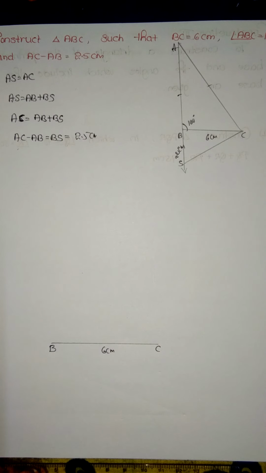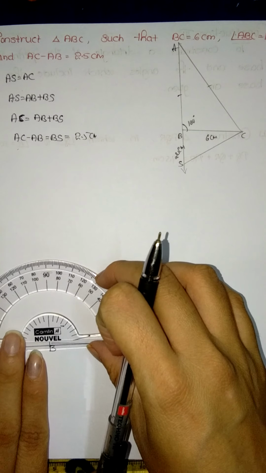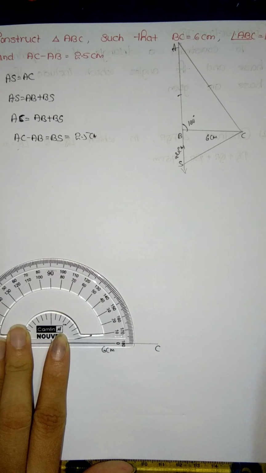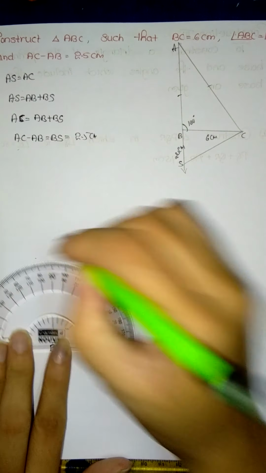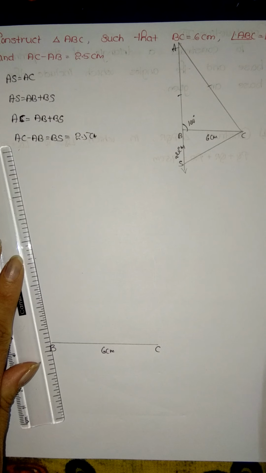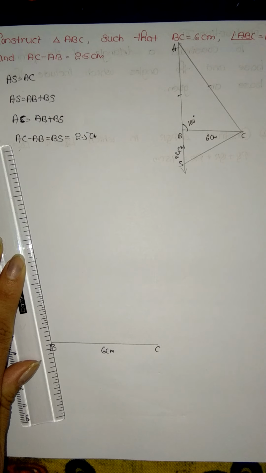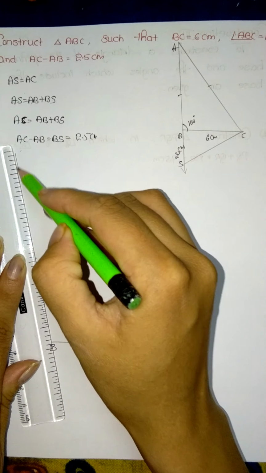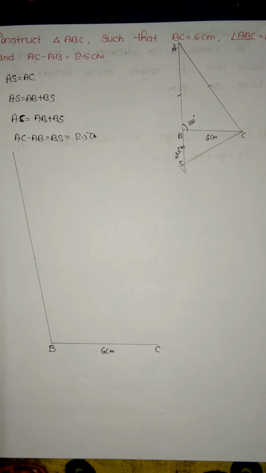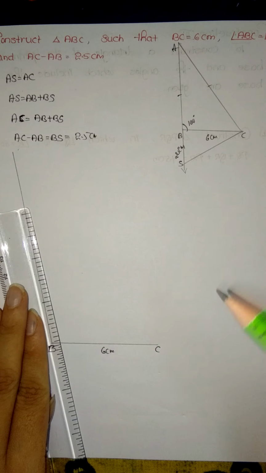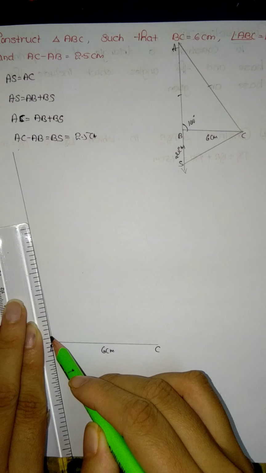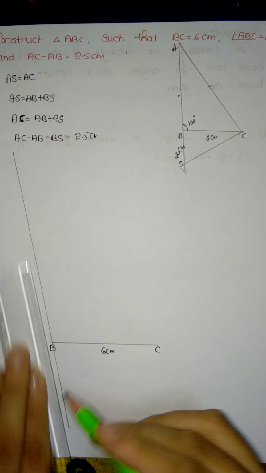Now take the angle 100 degree, keep it on B, mark 100 degree, join and extend. Extend it downwards also, because we have to take the measure downwards.